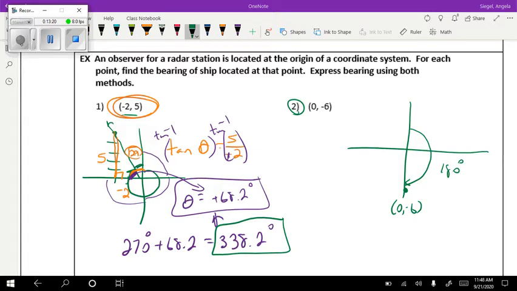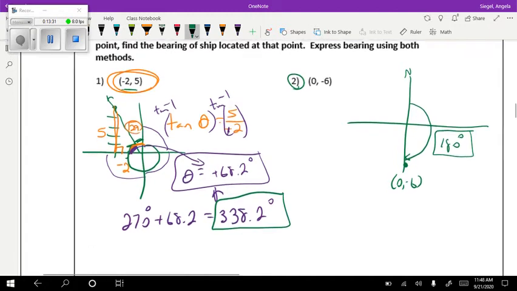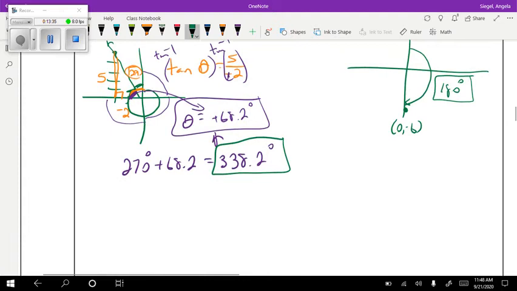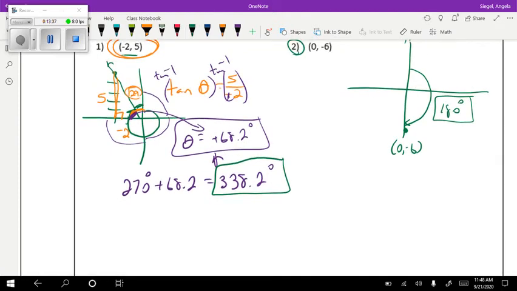Okay, so when I grounded, we went 180 degrees from north to south now. So that's my bearing. I also want to talk about it in both of these from the perspective that we talked about up here. So 338 degrees, we could say that it's north something west.